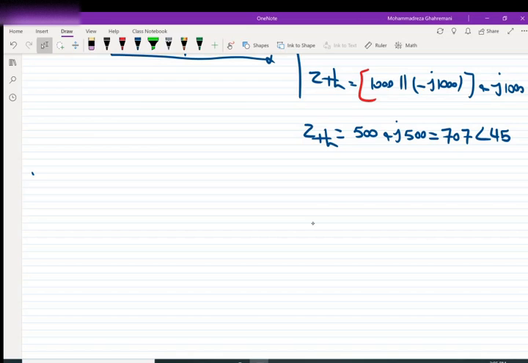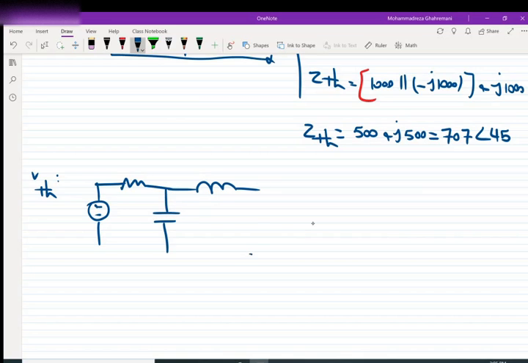Now let's find V Thevenin. In order to find V Thevenin, we need to draw the circuit again. So here is the circuit. We have all components: 50 with angle 0, 1000, negative J 1000 and J 1000.